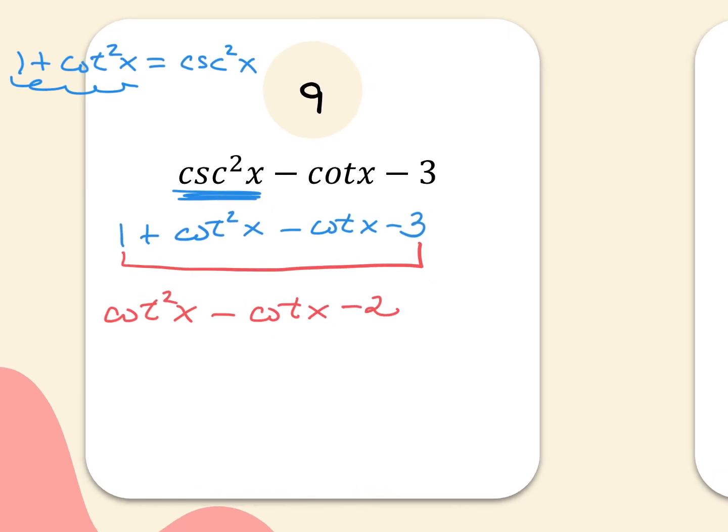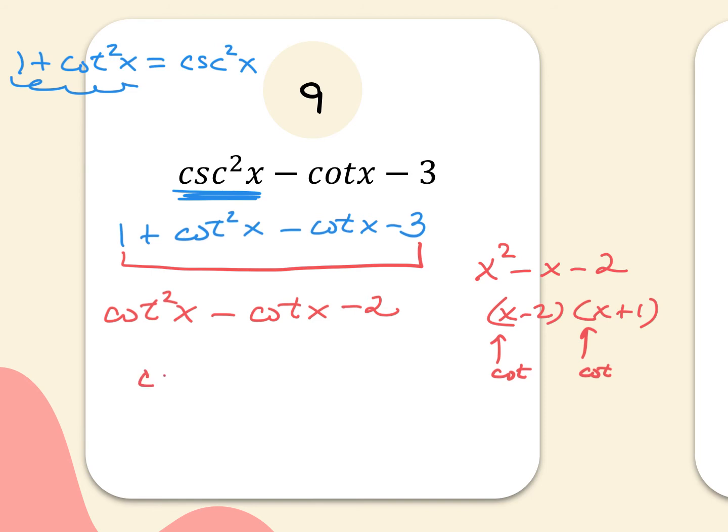This will actually factor if you want to take out the cotangents so you can see it a little easier. This is the trinomial we're factoring. Factors of negative 2 that give me negative 1, and those factors are going to be negative 2 and positive 1. And then just add in cotangent in front.